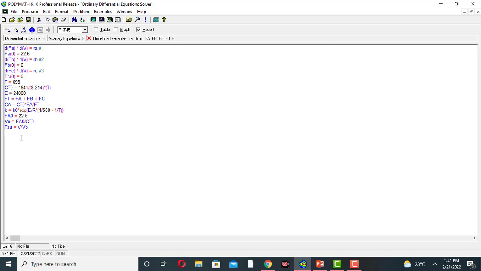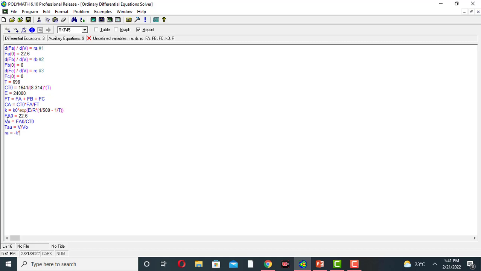Now there are undefined variables: RA, RB, RC, FA, FB, FC, K naught, R. So define RA. This RA is in equation number 1, the rate of disappearance of component A, obtained from the elementary rate law: RA is equal to minus K into CA squared.